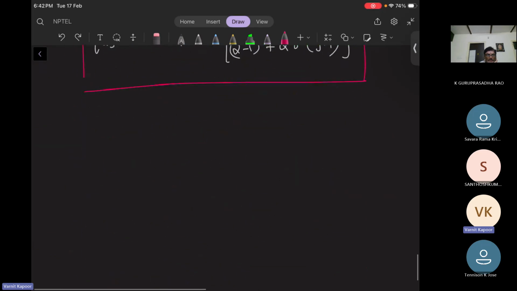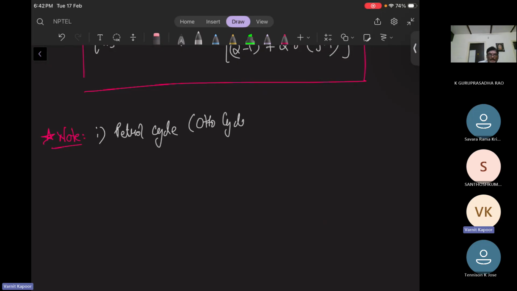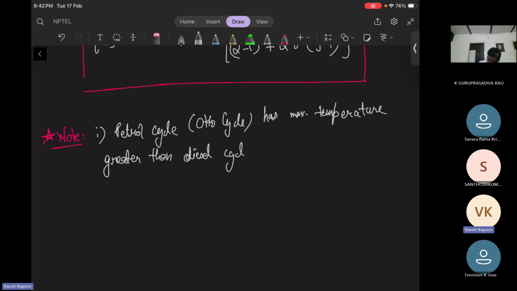First, let me write the point of the note. Point number one is that the petrol cycle, or Otto cycle, has maximum temperature greater than the diesel cycle, because of the first reason.